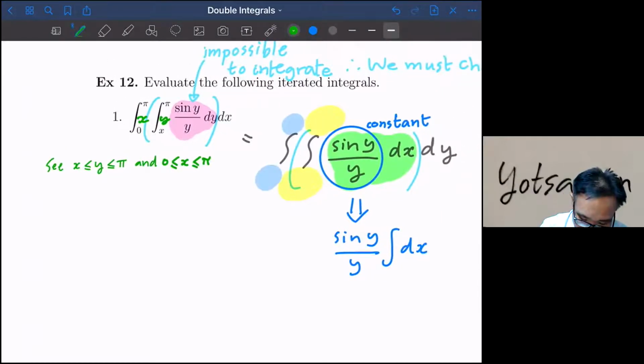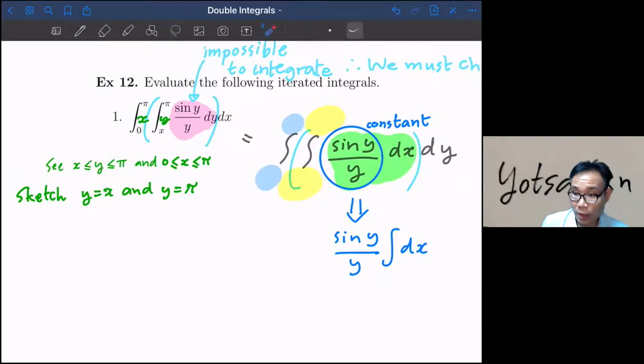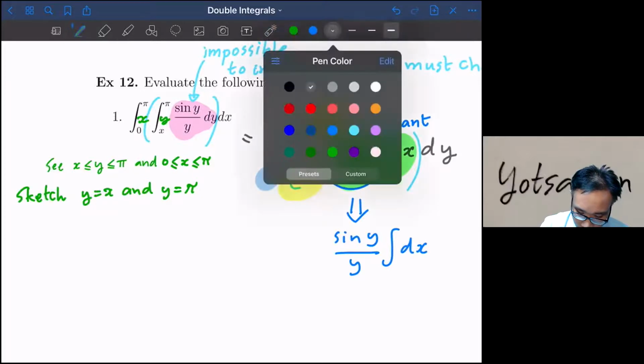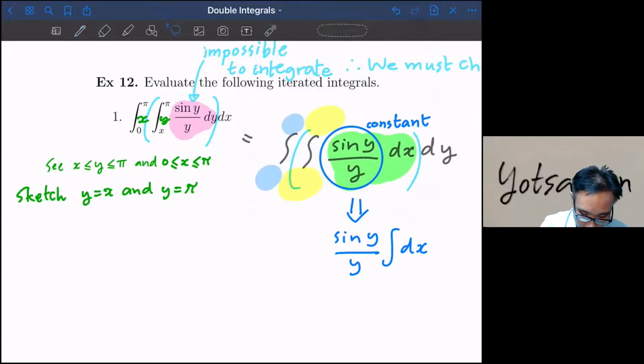So you're going to sketch y equals x and y equals pi. They come from the middle integral, y equals x and y equals pi. They are the boundaries, the lower and the upper. The lower one is y equals x, and the upper one is y equals pi.